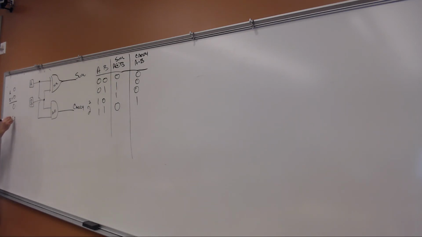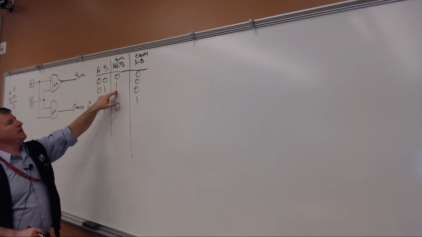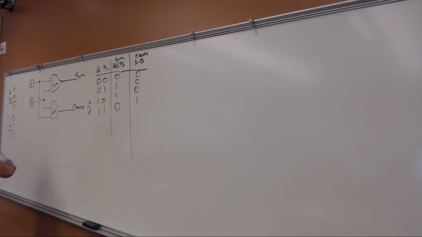What about 0 plus 1? What's 0 plus 1? 1. Is there a carry? No carry. Sum of 1, carry of 0. 1 plus 0, same thing. Sum of 1, no carry.